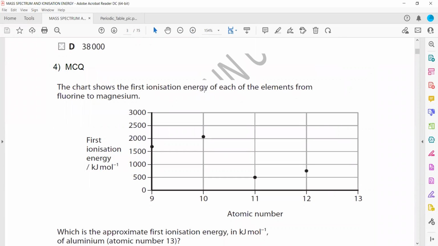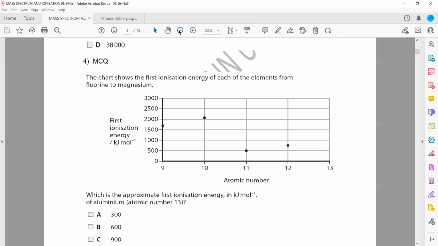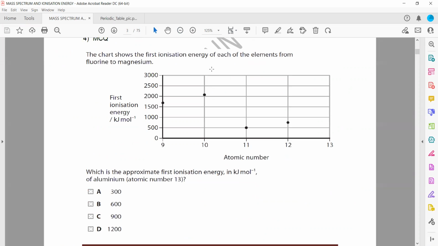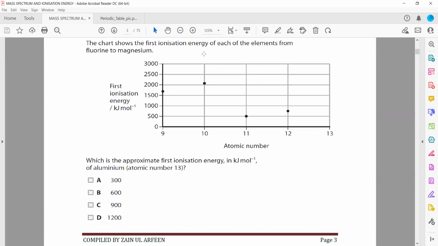Then in question 4, the chart shows the first ionization energy of elements from fluorine to magnesium. So what is the approximate? Remember the general trend: ionization energy across a period should increase.